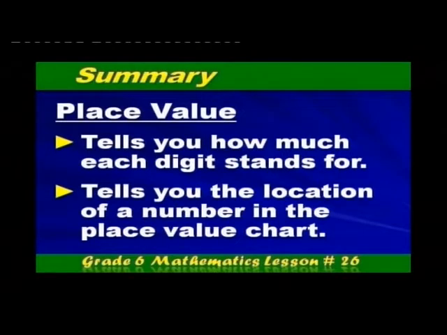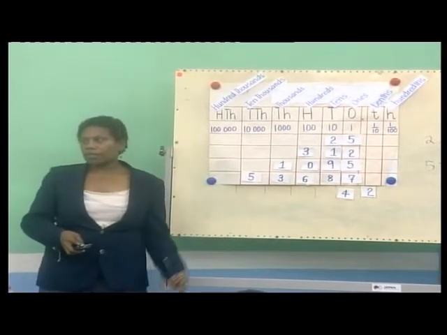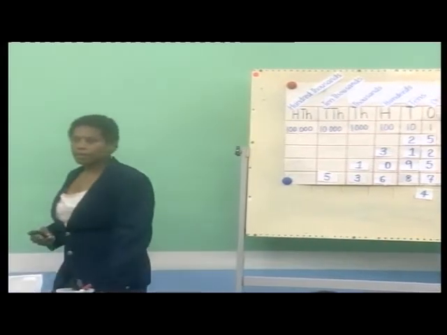Place value tells you how much each digit stands for, or gives you the value, or it tells you the location of a number in the place value chart. For example, 2 is in the tens column, 5 is in the ones column.